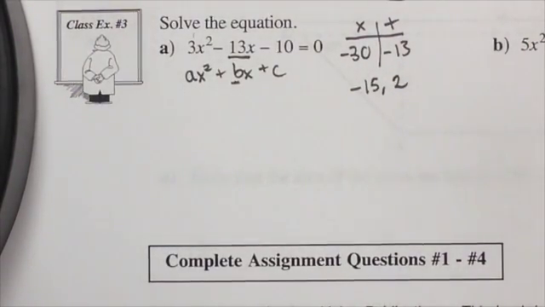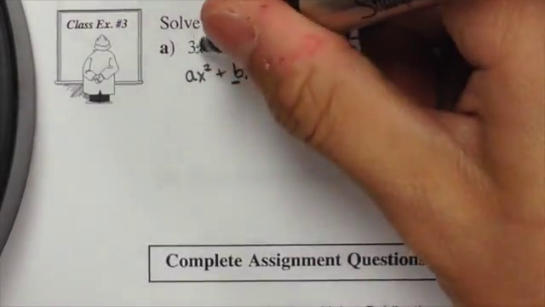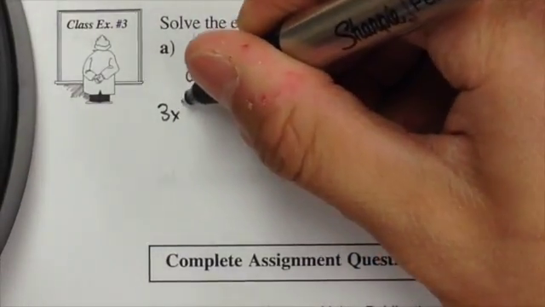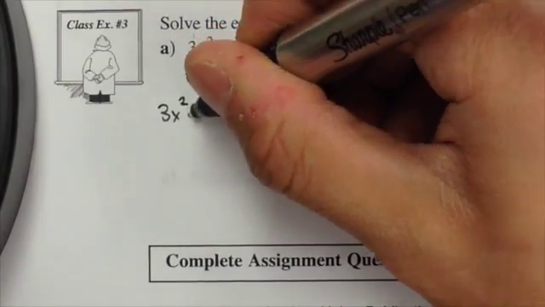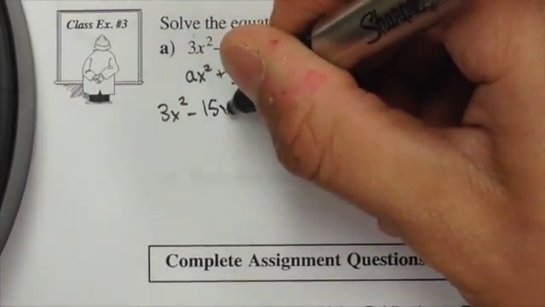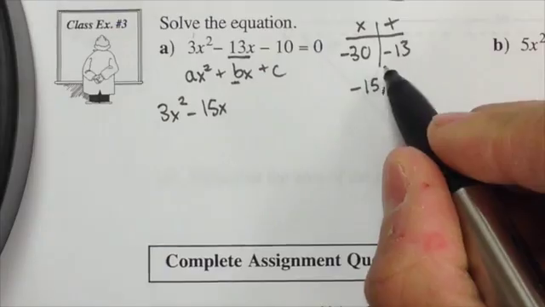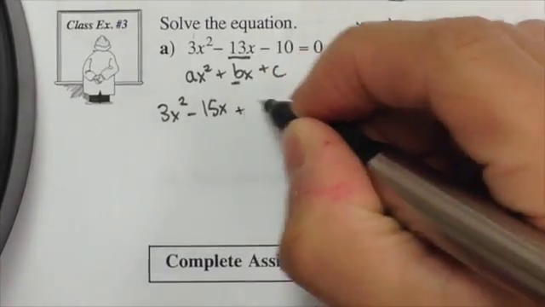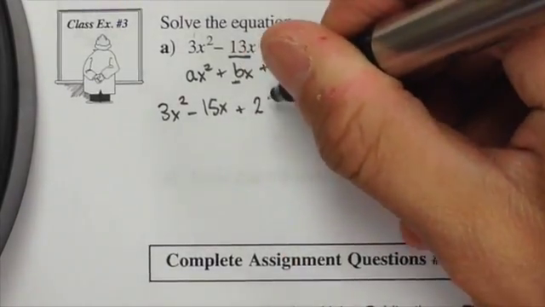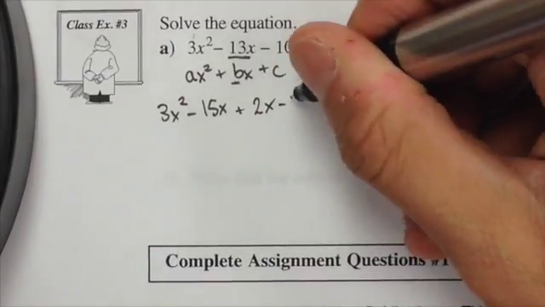If I factor this out, that'll be 3x squared minus 15x, that 15 came from my factor over here, minus 15x plus 2x minus 10.